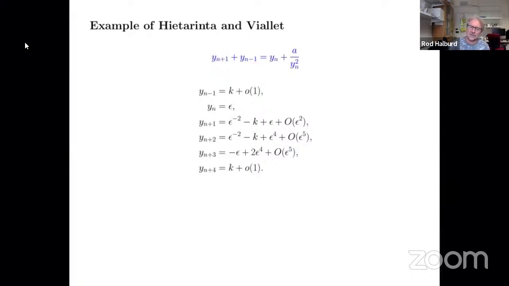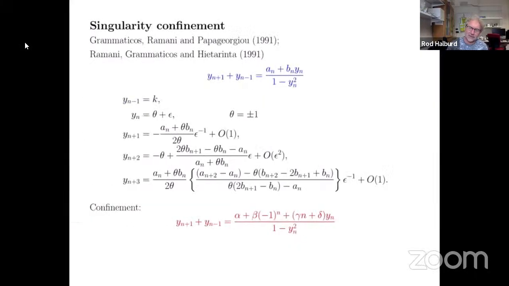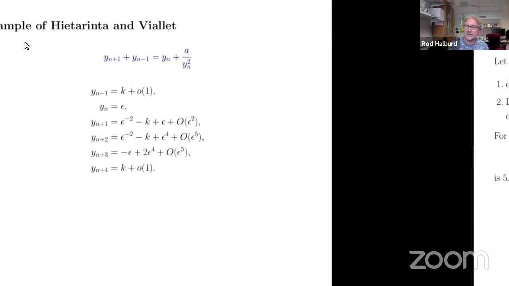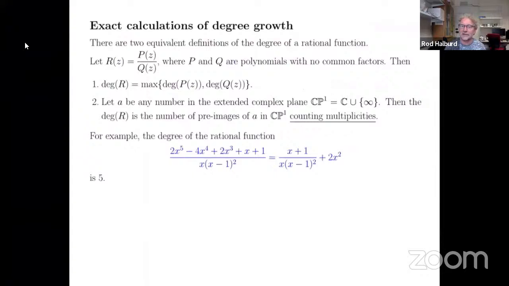But if I just think of iterating this rational equation a few times, then if I start off with initial conditions y0, y1, and I keep iterating, the nth iterate is going to be some rational function of y0 and y1, and I can just look at how its degree grows. And in general, the degree grows exponentially, and it does here too, but for these special equations, like this one, it doesn't. It grows polynomially, and that's, again, this low complexity growth.